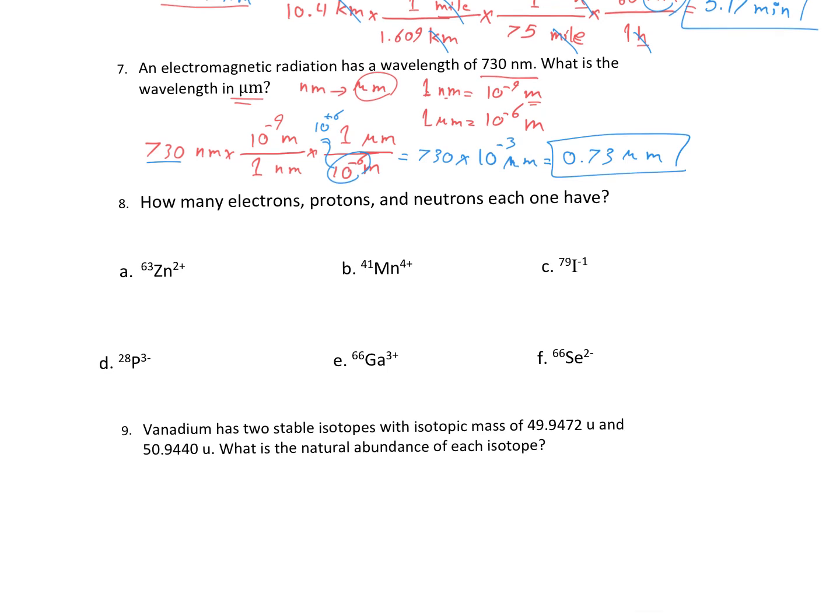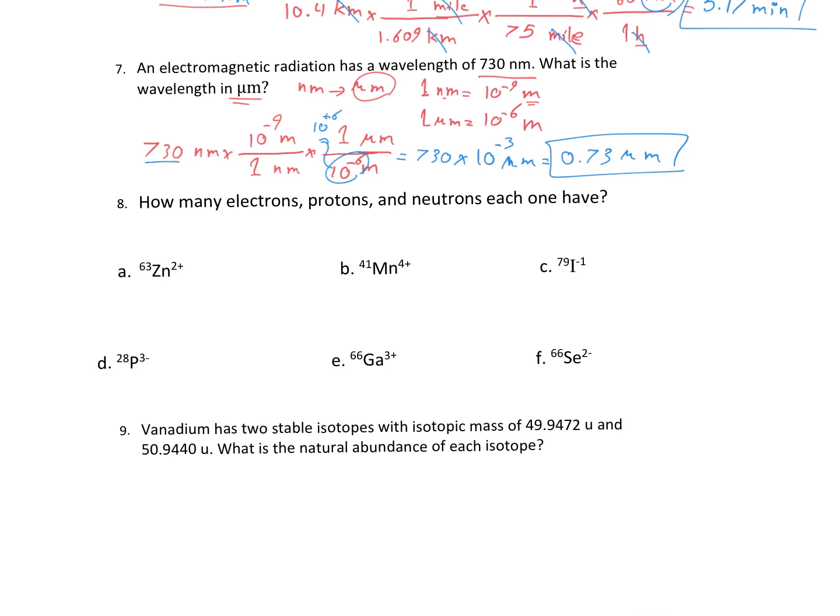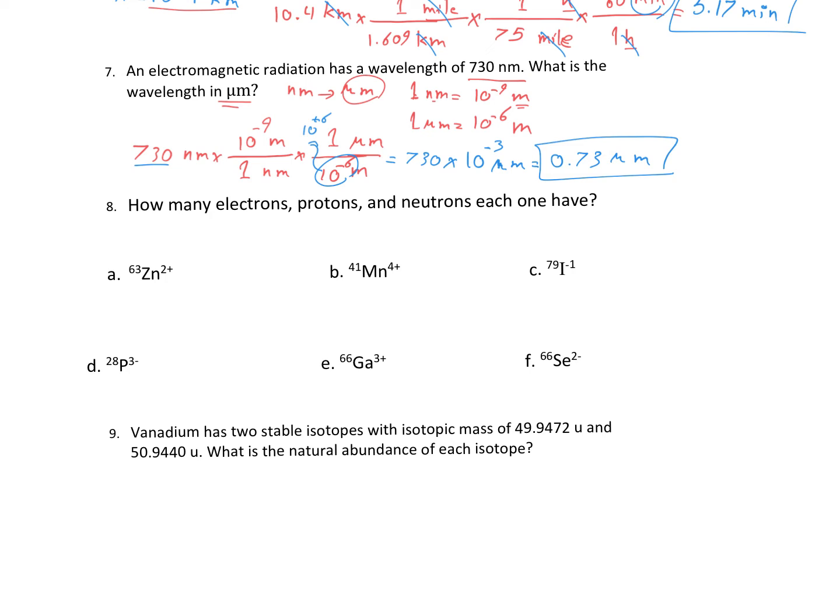So question number 8, finding the number of electrons, protons, and neutrons. We talked about atomic number and mass number. The number you can see here is the mass number, and mass number is protons plus neutrons.